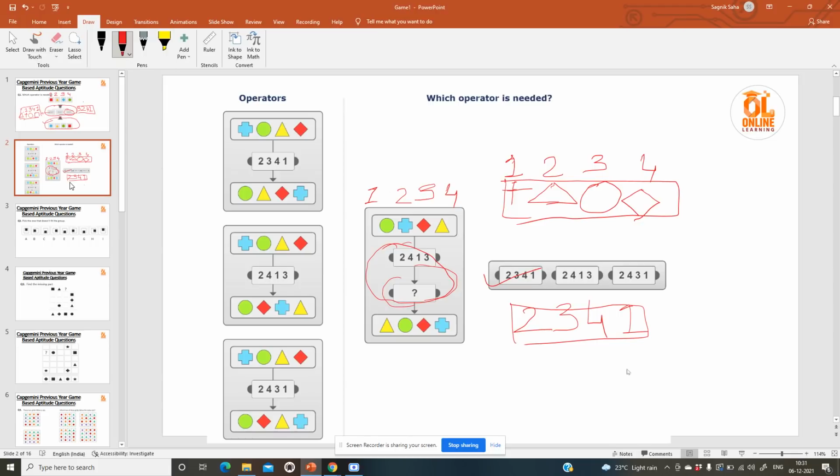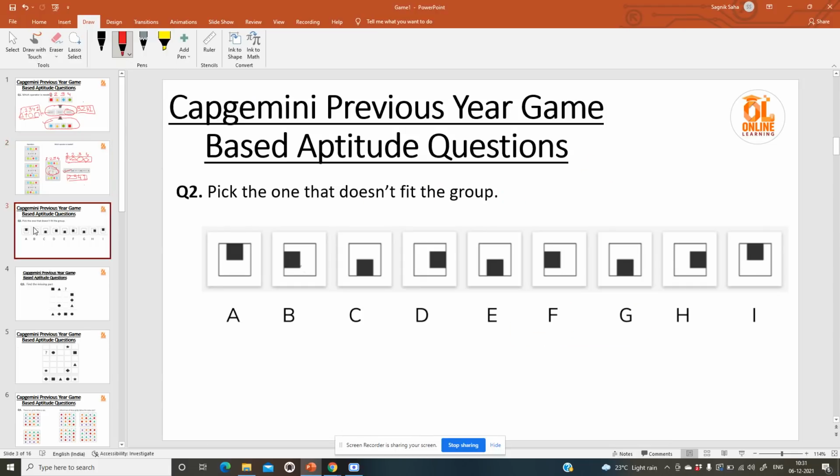So now move to the next type of question. Here it is given, pick the one that doesn't fit in the group. They are very easy, just you have to see carefully. First the square is present here, then it is moving here, that is, it is moving anti-clockwise, then it is moving here, then here.